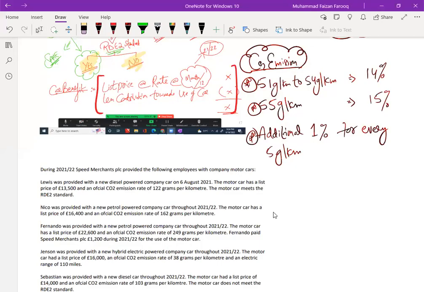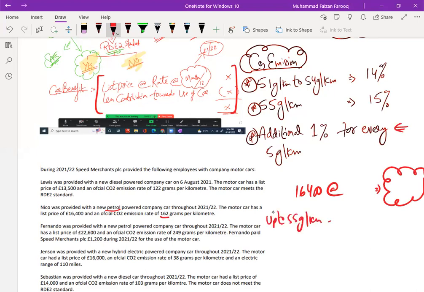One is Nico, petrol car. Petrol car means same as the RDE2 standards diesel car. The format we know is list price, which is 16,400, into rate, and it's throughout, so no need to work for the months. Rate, how much CO2? 162, which means it's above 55. So up to 55 grams per kilometer, we have 15% fixed.